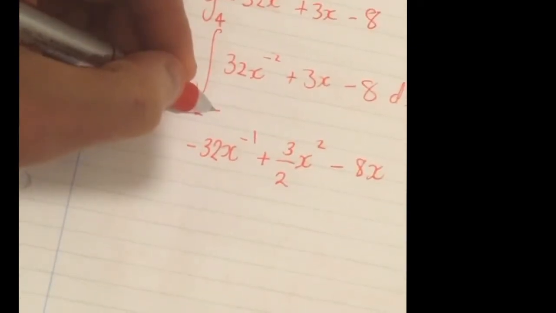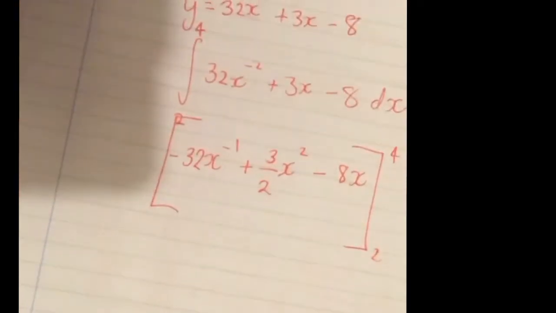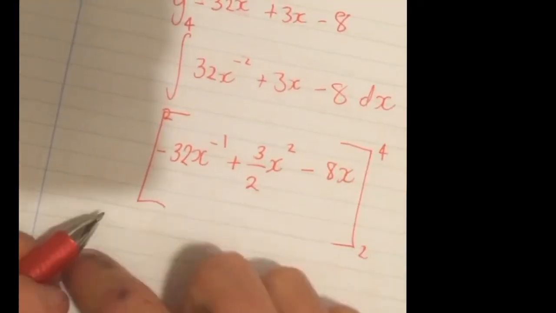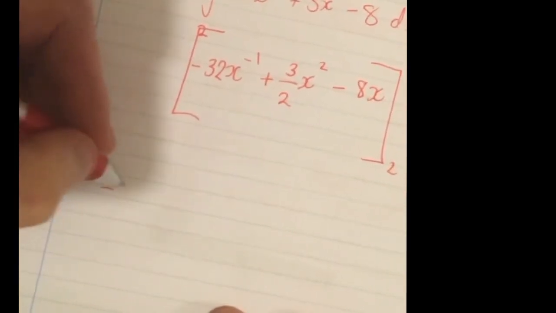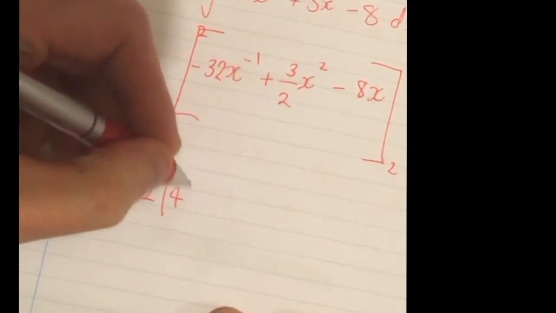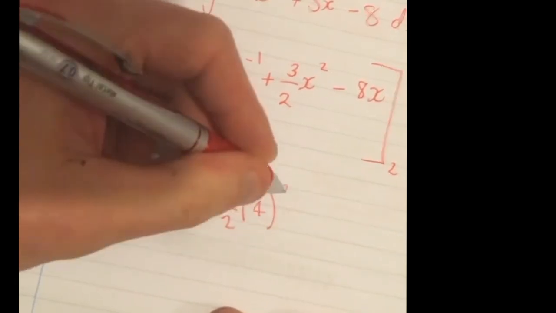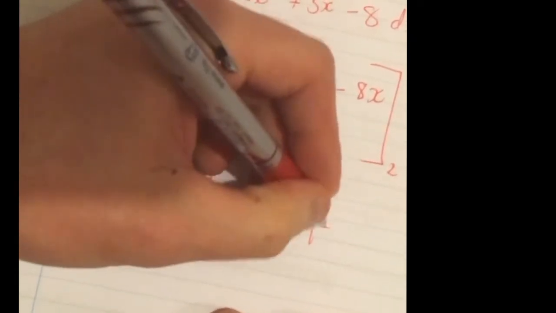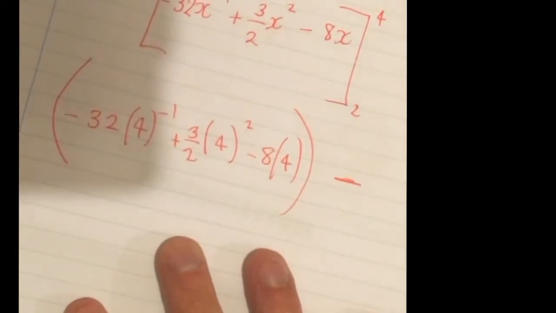So to put limits in, square brackets around your integral, put in your 2 and 4 limits. You're going to evaluate 4 first, subtract, putting 2 in. So minus 32 times 4 to the minus 1, plus 3 over 2 times 4 squared, minus 8 lots of 4. That's my first limit.